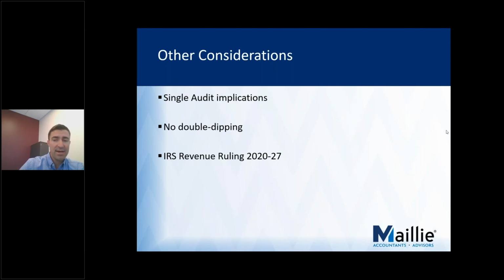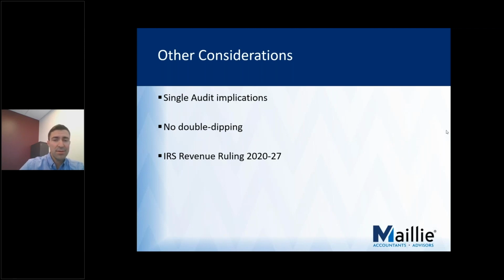However, guidance came out that clarified that PPP loans, while they are federal funding, are not subject to single audit implications. So they're not going to count towards that $750,000 threshold. It's important to note, however, that there are other COVID-19 relief funds that are subject to single audit implications. So you're going to want to look at your grant documentation if you're receiving any of these other funds and make sure you take that into consideration for your planning.